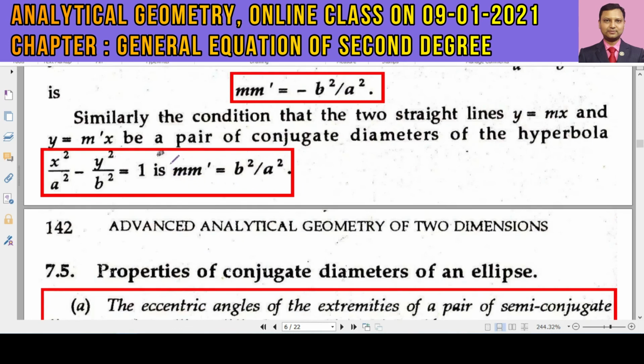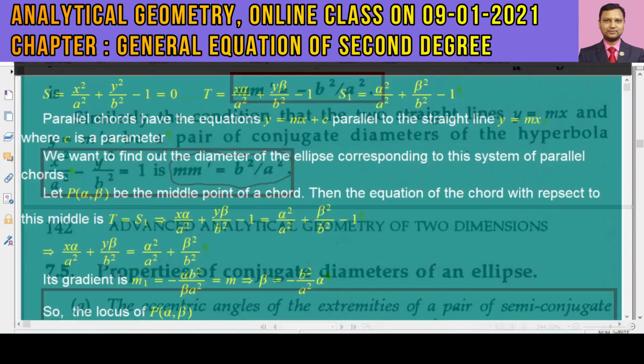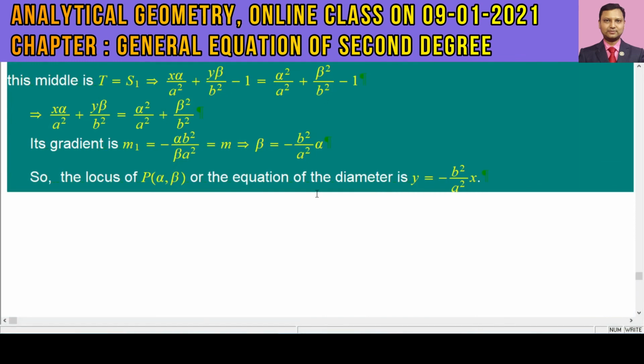And remember this result: m prime. In case of n prime I have discussed m1. From this relation, this is what we call m prime.